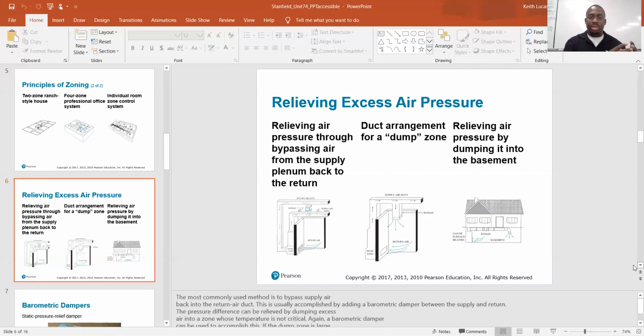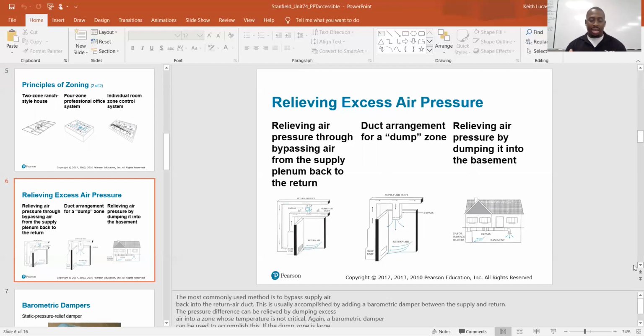You would literally run a duct from the supply into the return, and there'll be a damper in the middle of that duct. It'll be a barometric damper, meaning it's not a manual damper or an electronic damper. It operates on a pressure difference. When there's excess pressure, it'll push that damper open and it'll bypass all the way into the return.